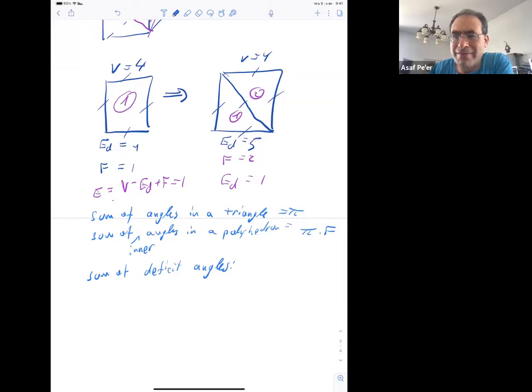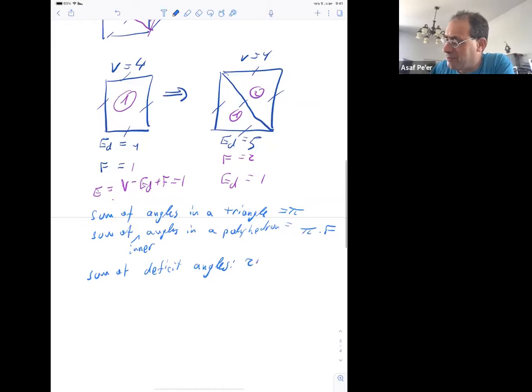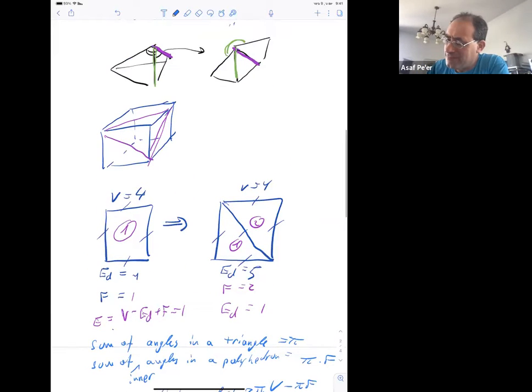They have v vertices. So it's going to be 2 pi times v minus pi f. For each of the vertices, you contribute 2 pi total angle when I open it, right? So 2 pi, 2 pi, 2 pi, 2 pi, 2 pi v minus this, which will be the inner angle. The rest will be the deficit angle.